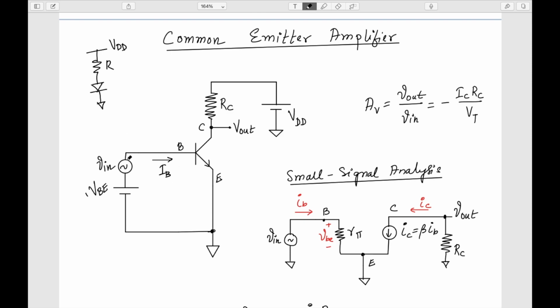And of course then we will see how to apply this input signal. This type of fixing of DC voltages is called biasing. So let's see how to do that.